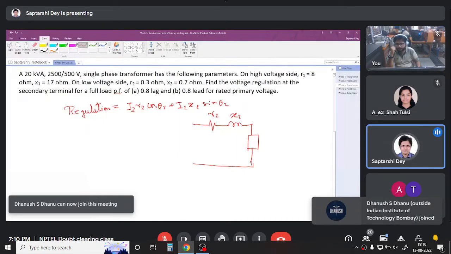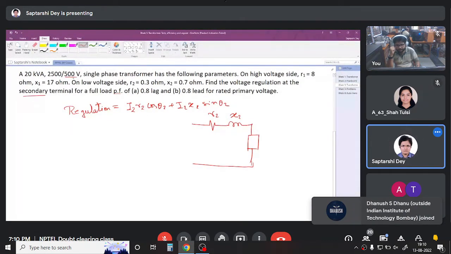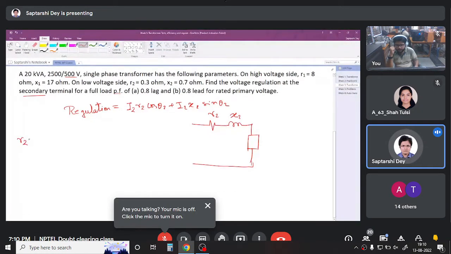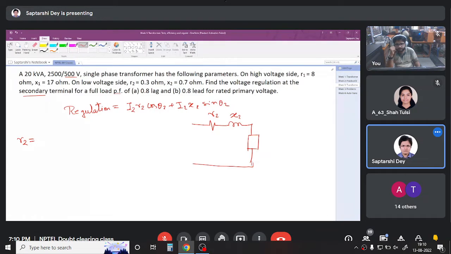Now the load is connected to the secondary, that is the 500 volt terminal. So, now tell this, how to find out R2, what will be the value of R2?